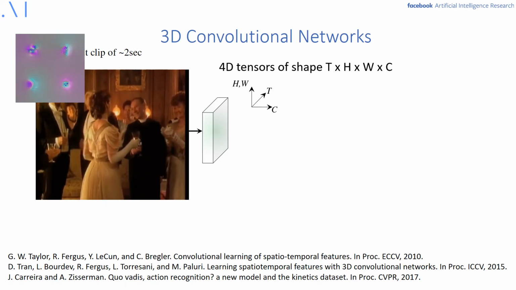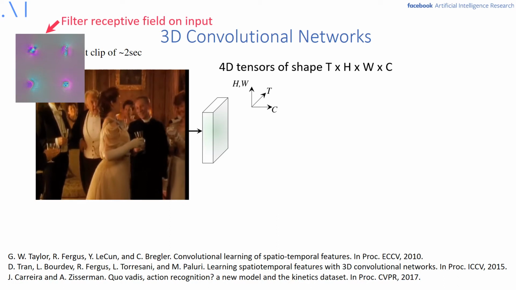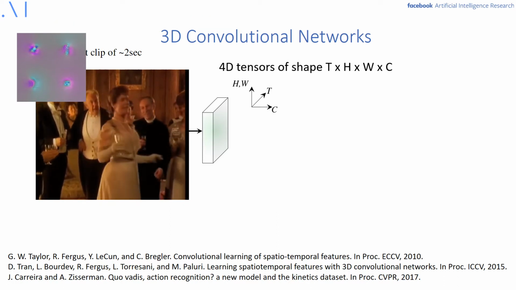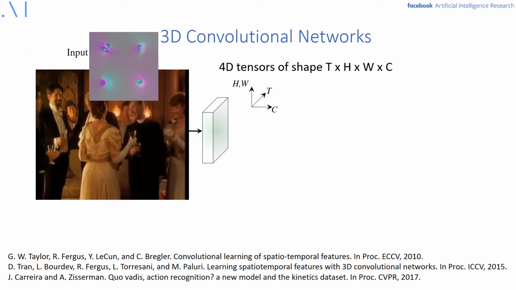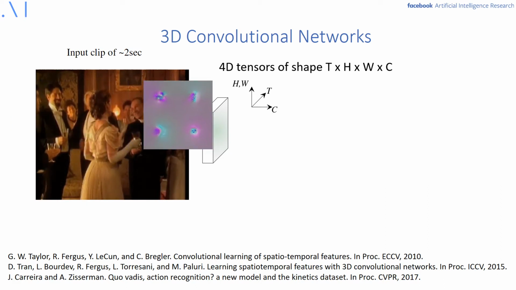A 3D convnet simply consists of several layers of 3D convolution, and after each filtering stage, the receptive field of the filters on the input increases, as shown by the growth of these filters when convolving them over the input clip.